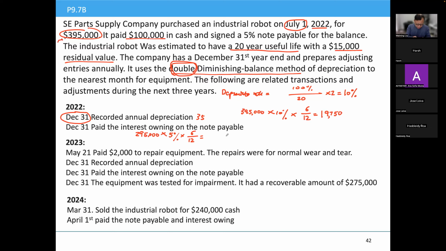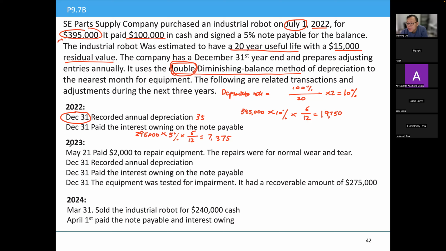So 295,000, that's the balance for the notes payable, times 5%, and you only use it for 6 months. What I got is 7,375. Is that what you have? Yeah, that's what I got. Okay, awesome. So this is the year 2022.